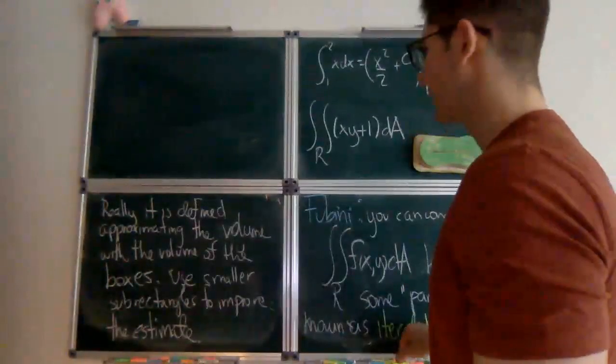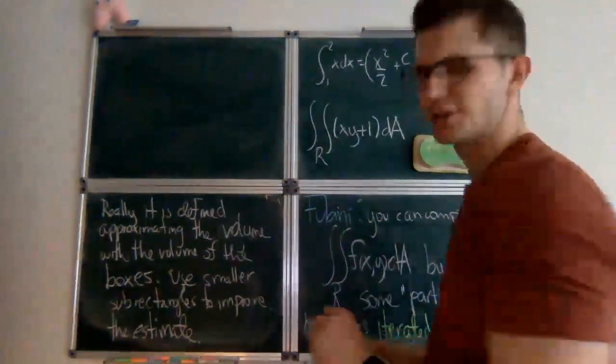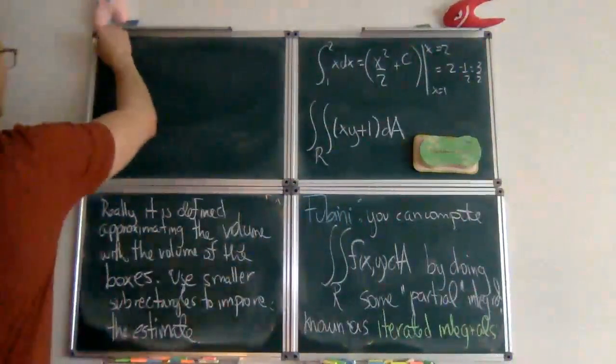So what's the point of an iterated integral? This will become more clear with the animation I will show you in a moment, because on the computer it's just easier to see what's going on.